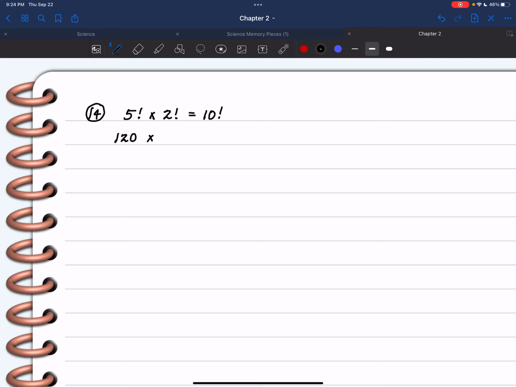And 2 factorial is 2. It's tempting to think because 5 times 2 is 10, but it doesn't work that way. This is 240. So that is not the choice. 8 factorial minus 4 factorial is 2 factorial. 8 factorial is huge.